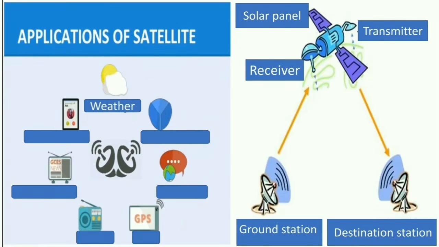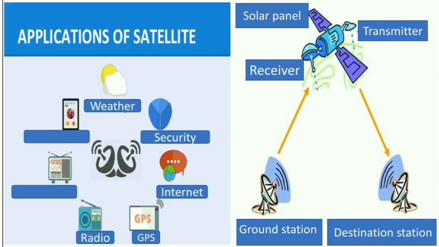Now you see the applications of satellites. They are used to tell us more about the weather. These satellites send signals and tell us about security. With the help of these satellites, we are making use of internet. GPS is also based on it.